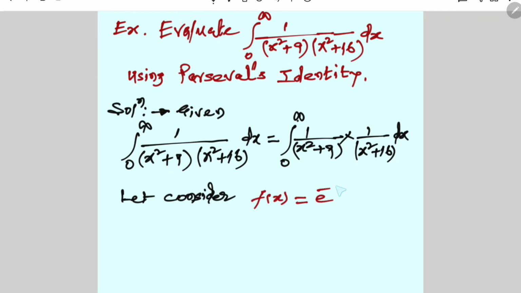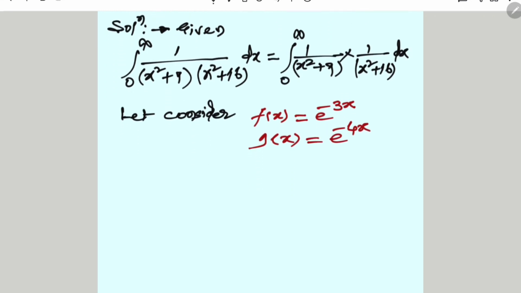Then let us consider f of x as e raised to minus 3x, and g of x, another function, as e raised to minus 4x.